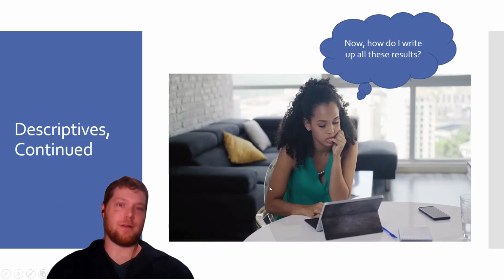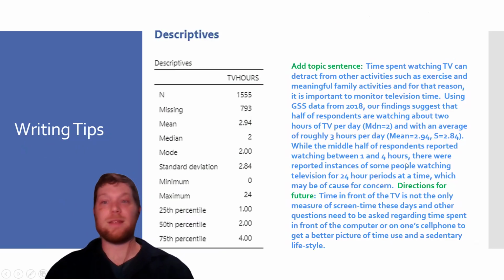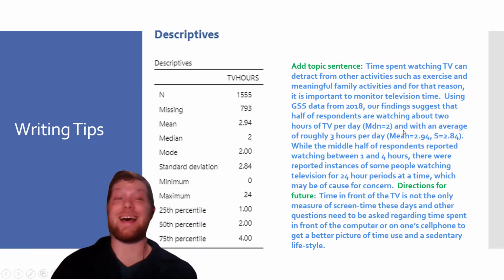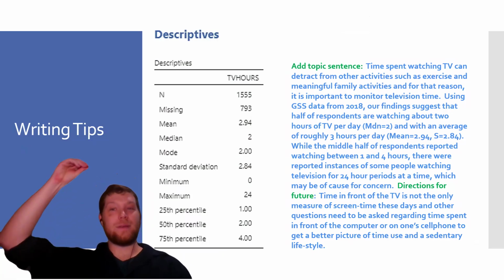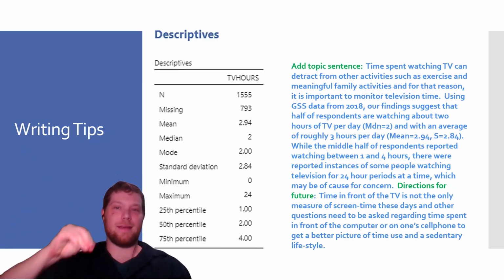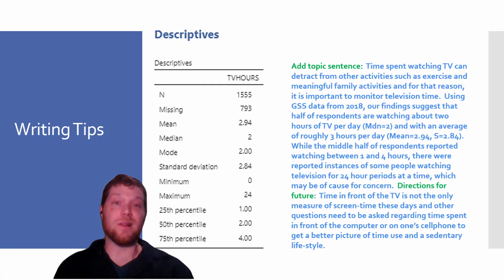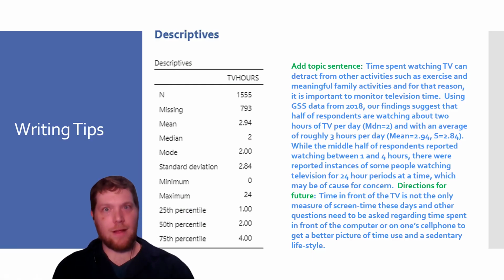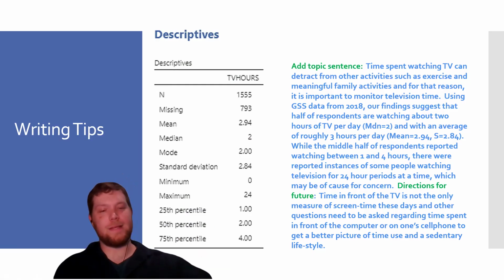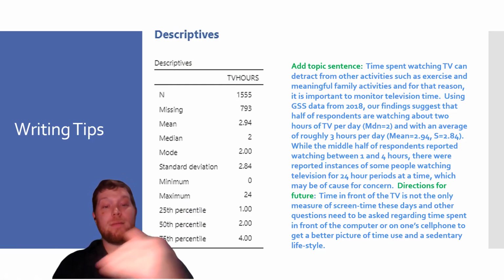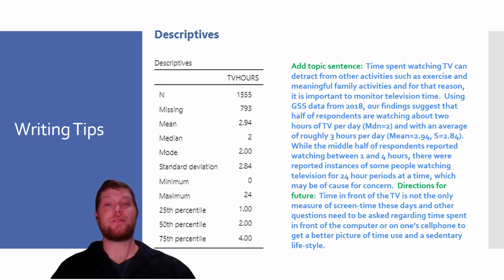To write up these results, we want to be able to turn all of this into words. To be honest, we did this a lot. I talked about these things bit by bit throughout our entire lecture, and that's how a lot of these lectures are going to go. I'm going to break these things up bit by bit, and then we're going to put it all together to see how we should write these things up.